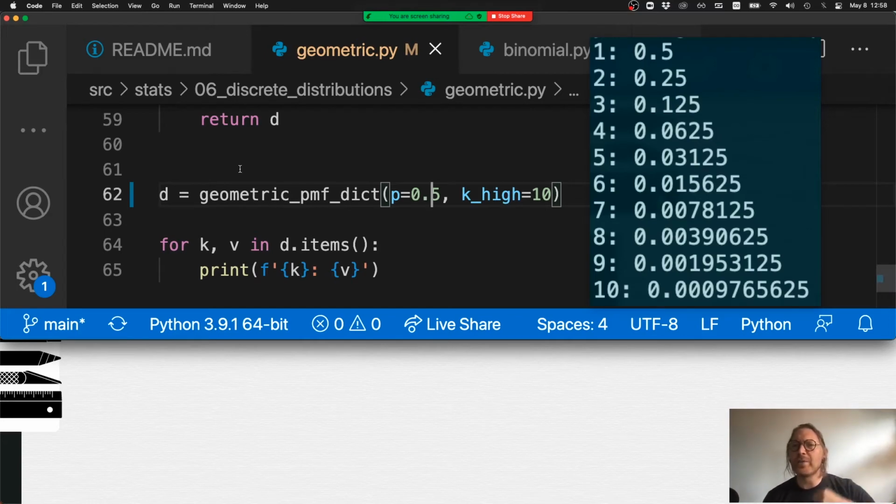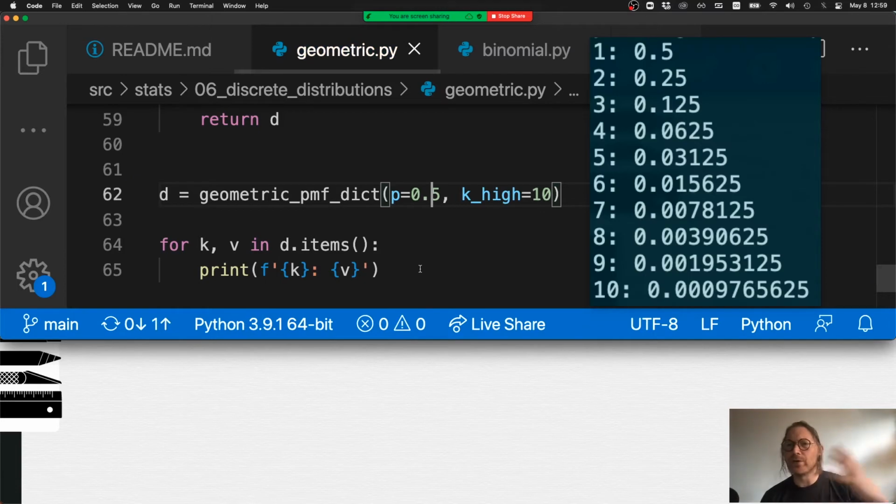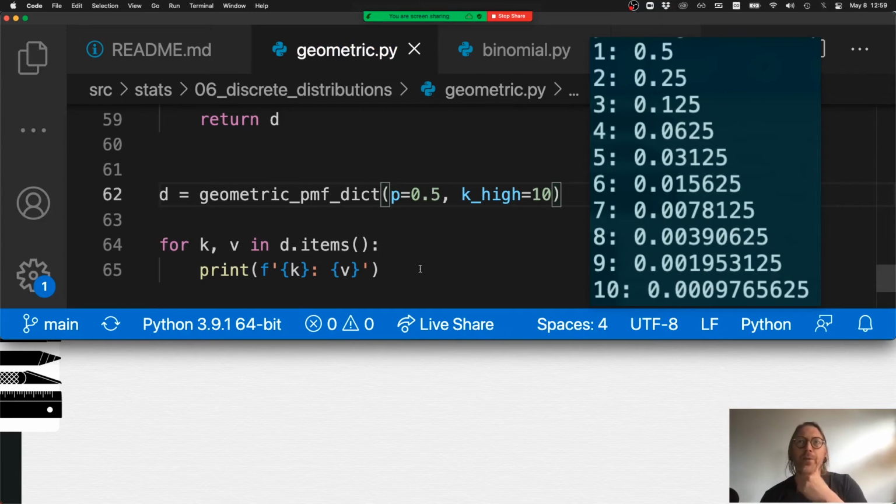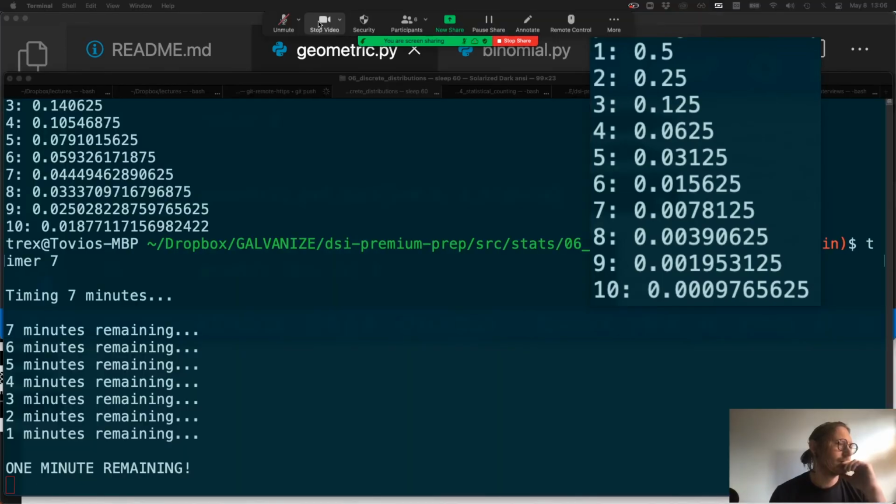So we'll code up a geometric CDF dictionary afterward, and if there's still issues with your code, we can troubleshoot that and then code the geometric CDF. How would this output differ if this was the CDF? Just think about that.